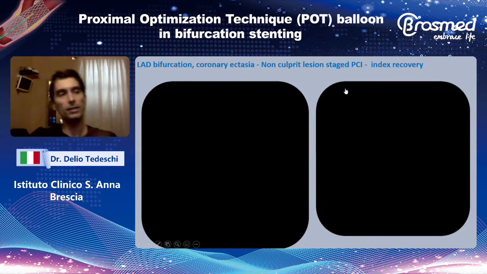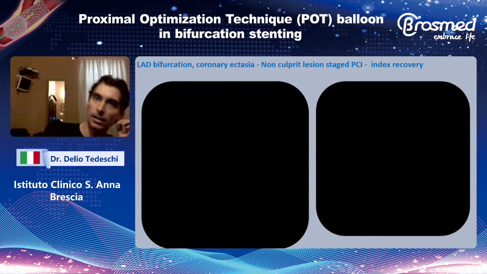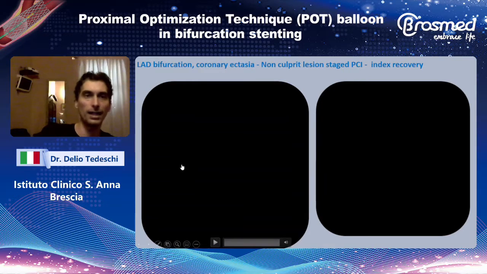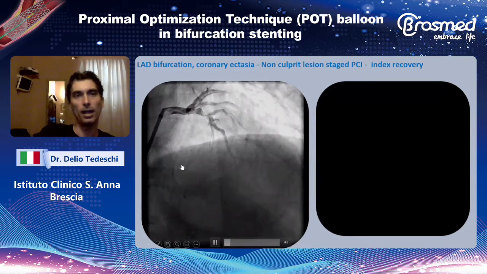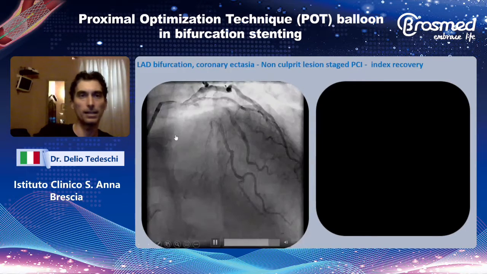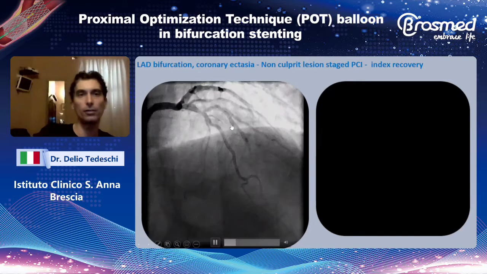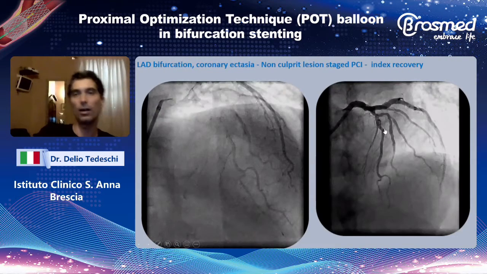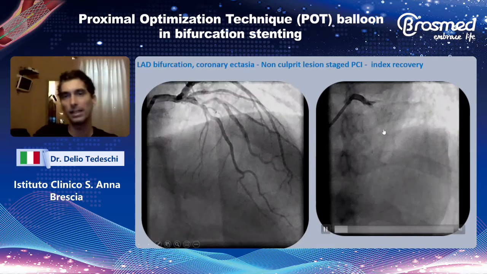So after the index procedure, I mean the culprit lesion, we planned during the same recovery the treatment of the LAD bifurcation. And this was the scenario. We can see here this disease at the level of the bifurcation and the disease at the level of the bifurcation of the diagonal.